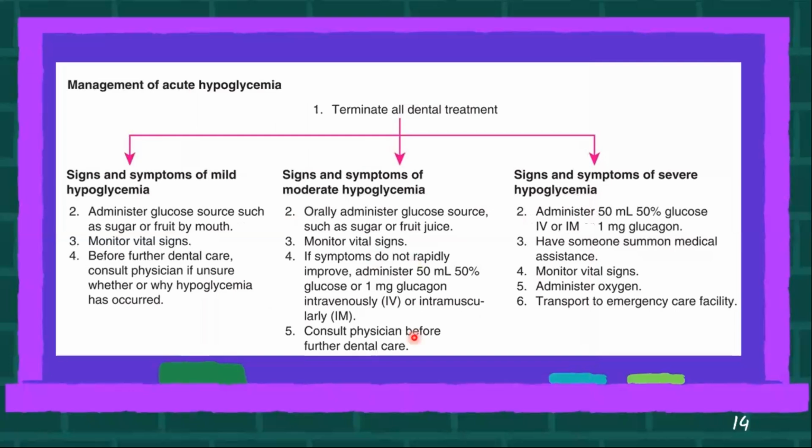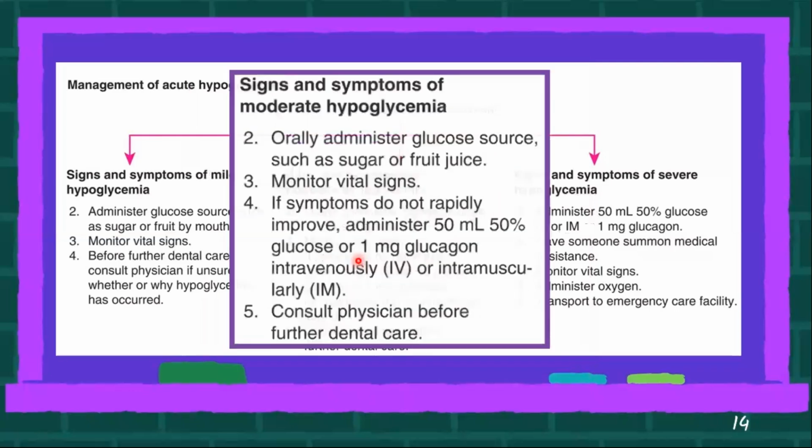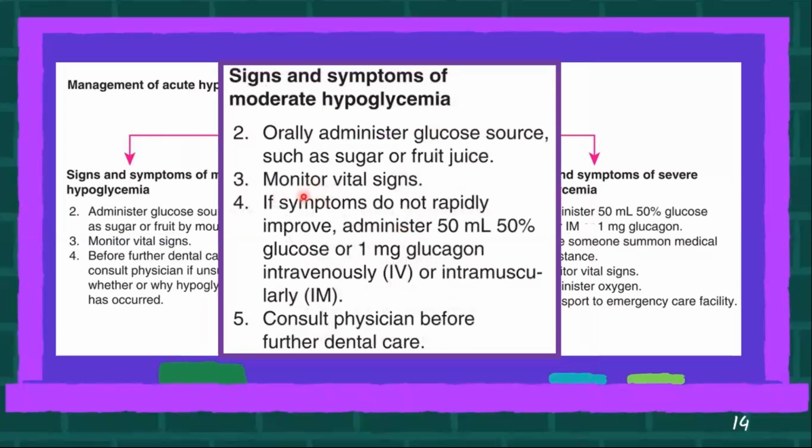For moderate hypoglycemia, this portion of the flow chart, provide the patient with a glucose source orally, such as sugar or fruit juice. Continuously monitor the patient's vital signs to track their condition. If there is no rapid improvement, administer 50 ml of 50% glucose or 1 milligram of glucagon either intravenously or intramuscularly.